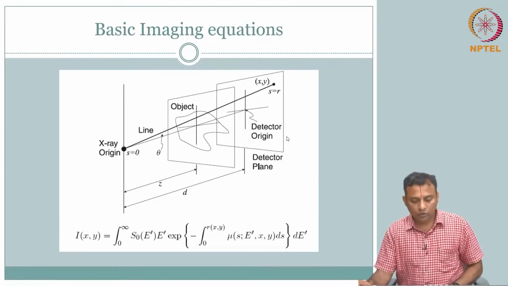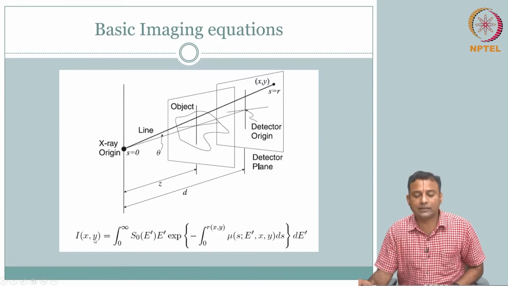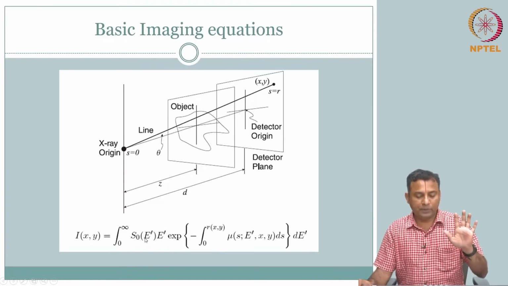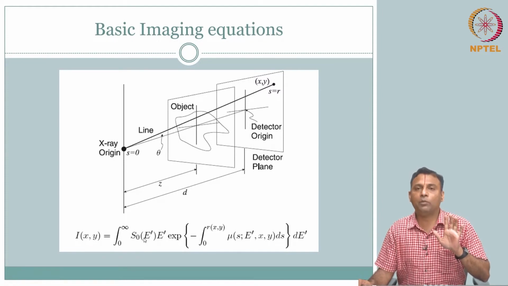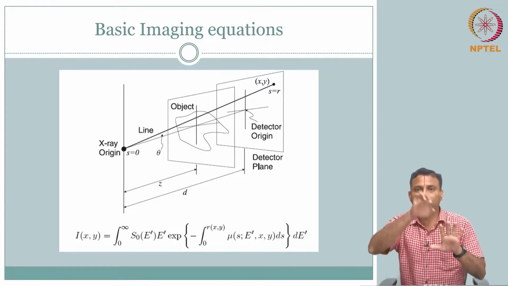Okay. So in order to do that, just recall something that we knew from before. Your intensity at any point x comma y, we talked about this, right. It is the spectrum of energy that goes in. So n1 number of photons at energy level E1, n2 number of photons at energy level E2, and so on and so forth. You have a spectrum.